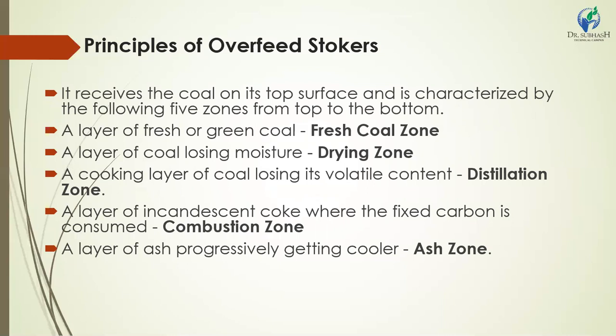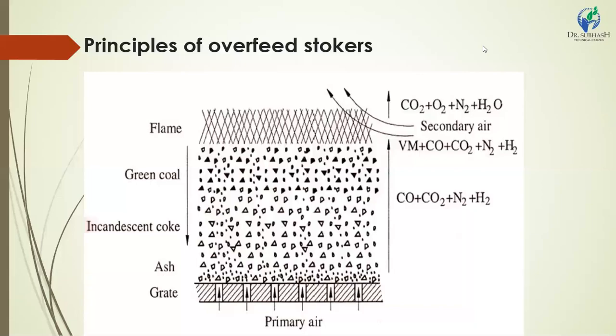The fuel and air move in opposite directions, and a layer of fresh coal is the coal zone. There are several zones: fresh coal zone, drying zone, distillation zone, combustion zone, and ash zone. Now the operating system of the overfeed stoker.